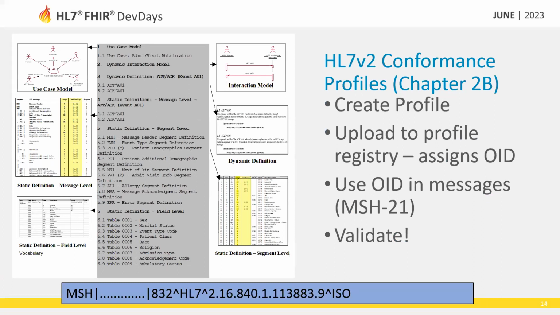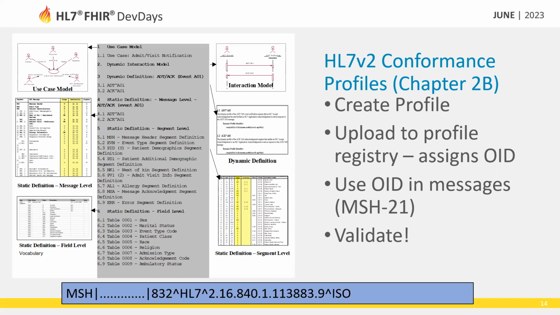Another thing that we tried in the HL7 version 2 space, I don't know if you've ever read that, this is chapter 2b in the specification, and that's about conformance. I want to specify exactly how this very flexible version 2 model shall be used in my particular context. And you have the capability to describe that in a computable fashion, express it as an XML file, which was a very cool way of expressing it when they defined this conformance mechanism.